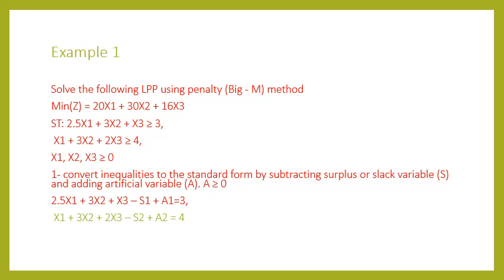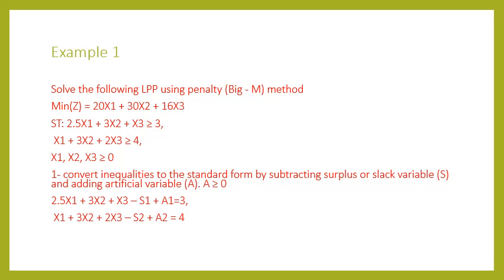The second constraint is x1 plus 3x2 plus 2x3 minus s2 plus a2 equals 4. 3 and 4 are constants. 2.5, 3, 1, negative 1 and 1 are the coefficients of variables of constraint 1.